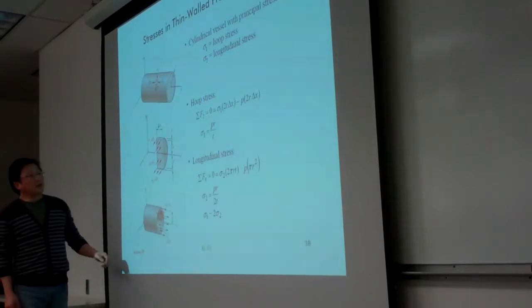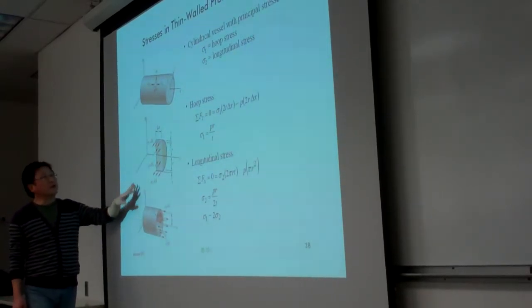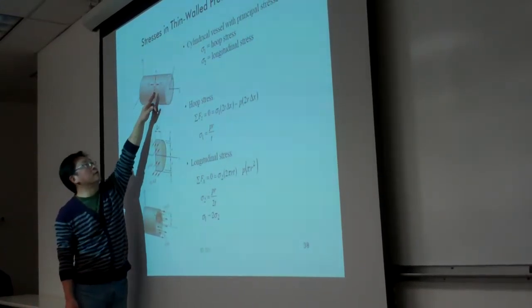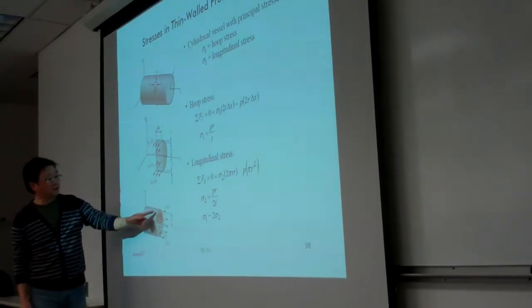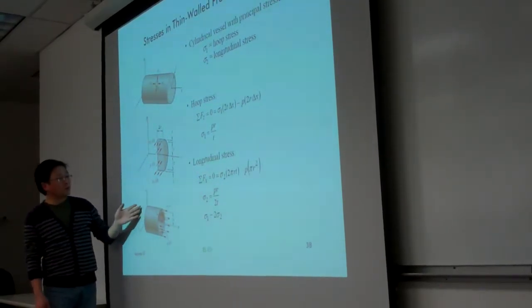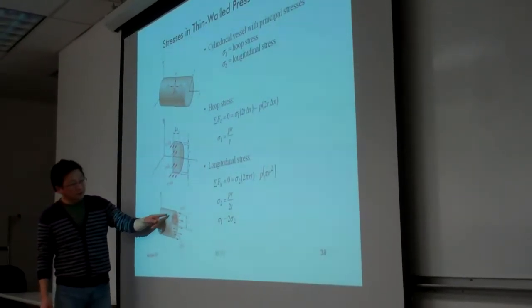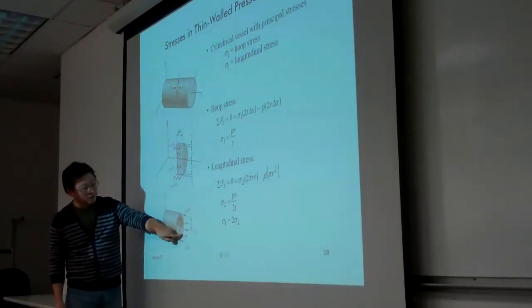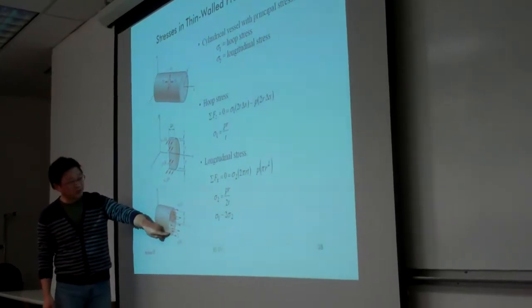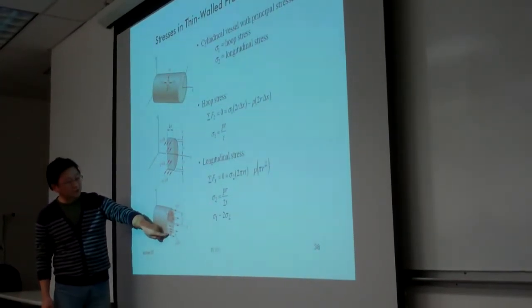Repeating the same reasoning, we take the free body diagram to expose the influence of sigma 2. So here we take this free body diagram, and we only take the segment of the cylinder. In the hoop direction, you can see that is the direction on which sigma 2 will be applied.